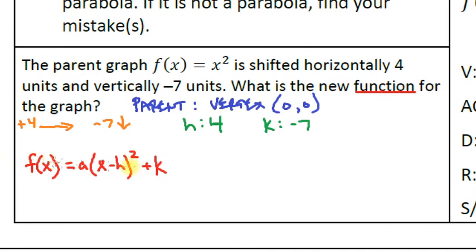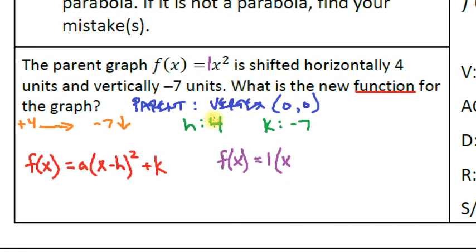Well, f of x, that just stays the same. And our a value is going to be the same. It doesn't change. The a value doesn't determine where the vertex is. H and k determine that. So our a value is 1 here. Our a value is still 1 here. I don't have to write it, but I will. Okay? Our x value is part of our variables.